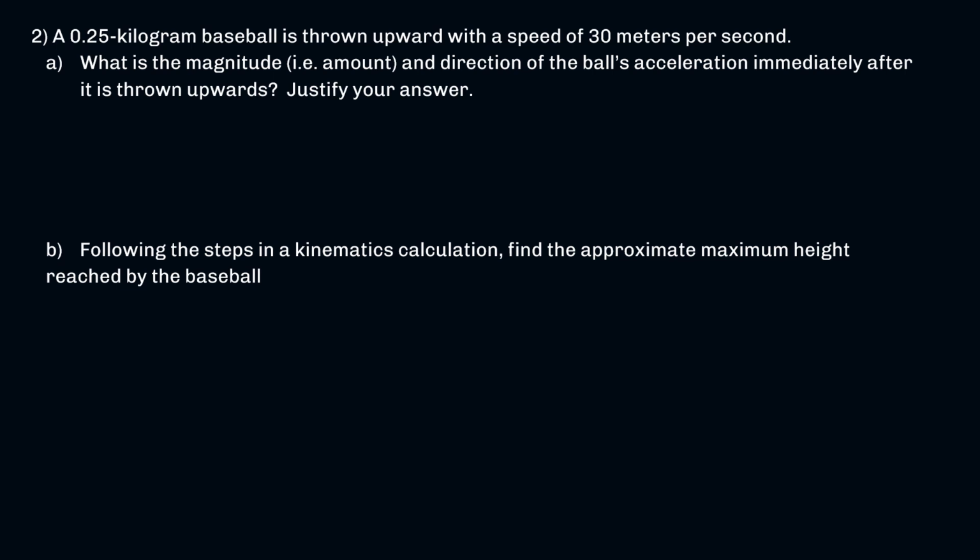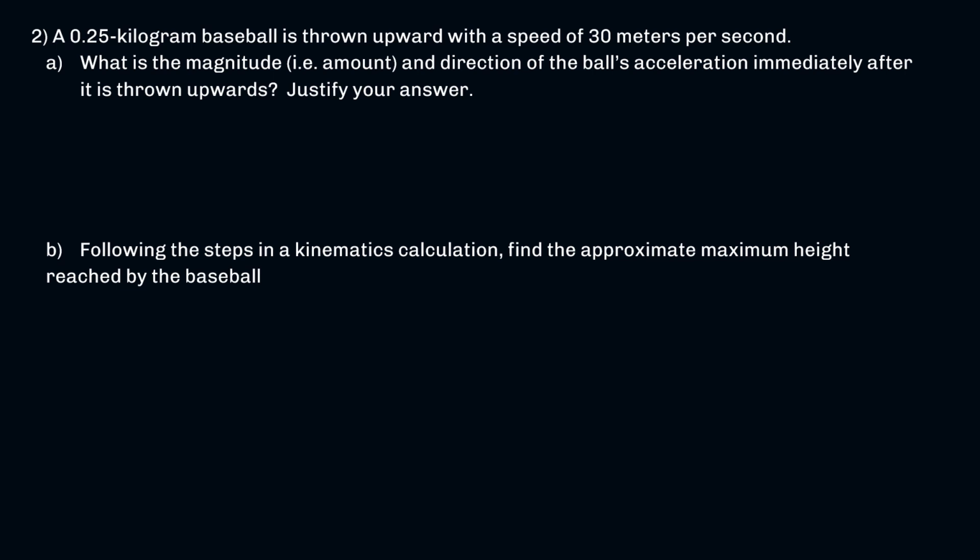I'm going to use the fact that when an object is in free fall, its vertical acceleration is always 10 meters per second per second. So that's my fact. I know that when something is thrown upwards or dropped, it's in free fall, so my acceleration is going to be 10 meters per second every second.